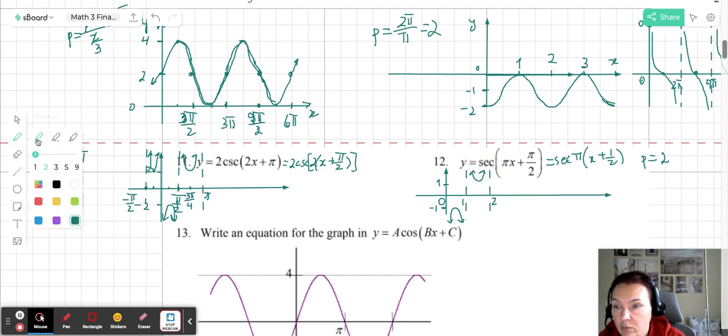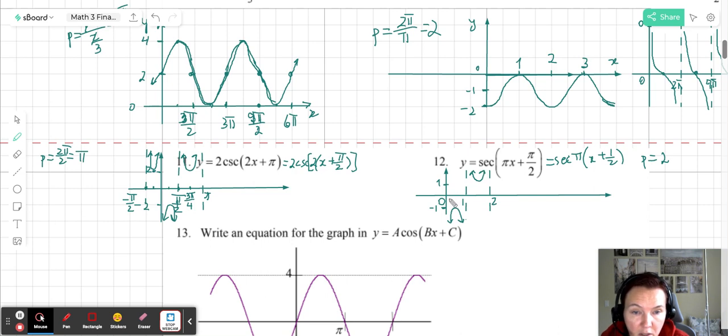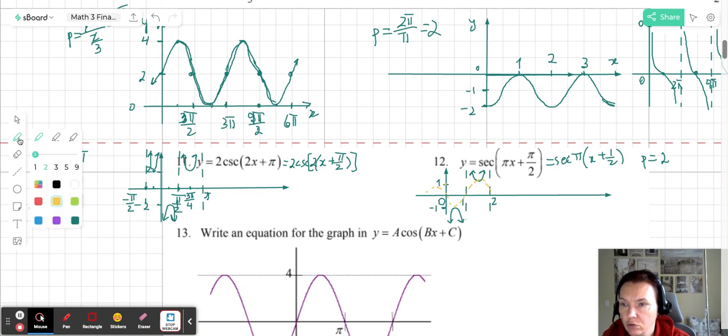In other words, if we were graphing our cosine, it would have looked like this, right? So it would be shifted 1/2. So instead of starting here, it now starts 1/2 to the left.